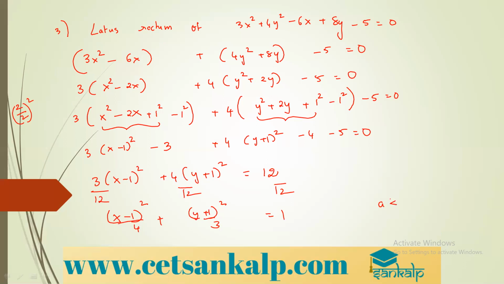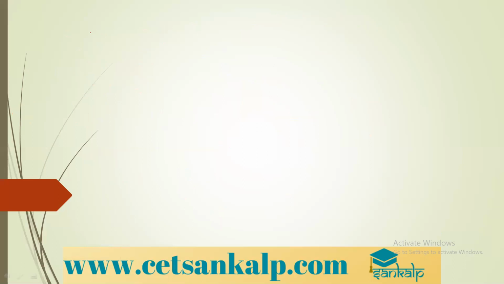Clearly, A is greater than B here in this kind of ellipse. So this kind of ellipse I can write x square by 4 plus y square by 3 equal to 1. But remember, x is x minus 1 and y is y plus 1. Then a square is 4, b square is 3.